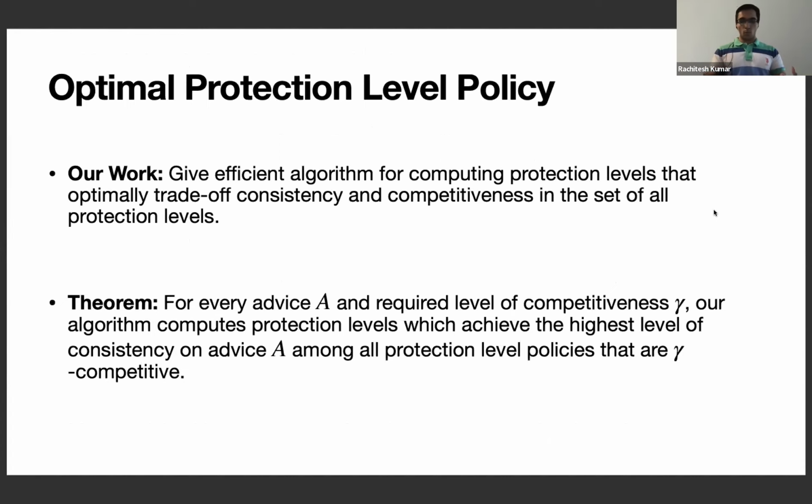So what we want to do here is find the best protection levels that optimally trade off consistency and competitiveness. More concretely, we develop an algorithm which for every advice and a given level of competitiveness gamma finds protection levels that have the best possible level of consistency among the class of all protection level policies that are gamma competitive.